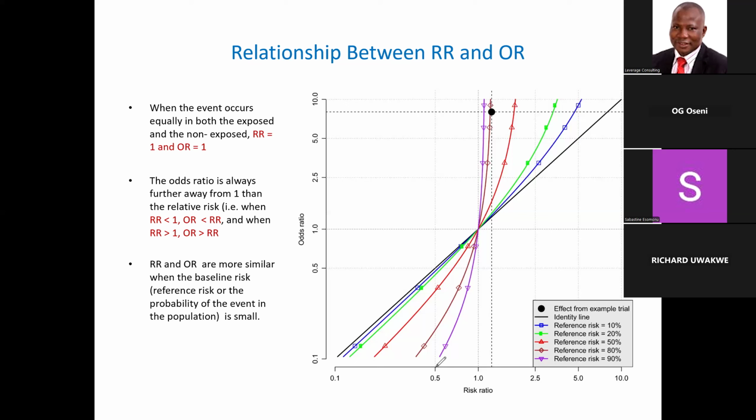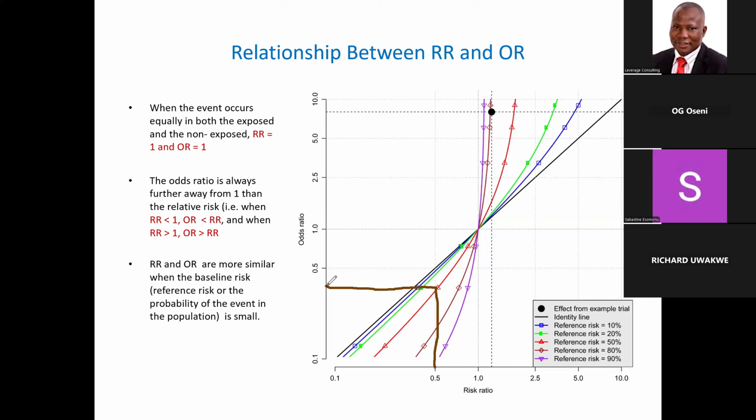So when the relative risk is 0.5, which is less than 1, let's trace the graph to this place. Let's go horizontally to know the value of the corresponding odds ratio. Can you see? The corresponding odds ratio is less than 0.5, whereas the relative risk is 0.5. The corresponding odds ratio is less than 0.5 because the relative risk of 0.5 is less than 1.